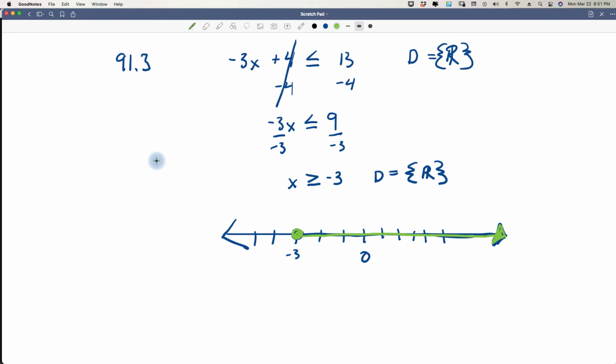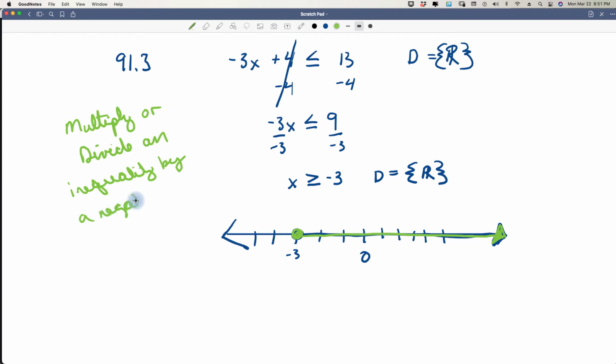Just remember, when we multiply or divide an inequality by a negative, we reverse the inequality sign.